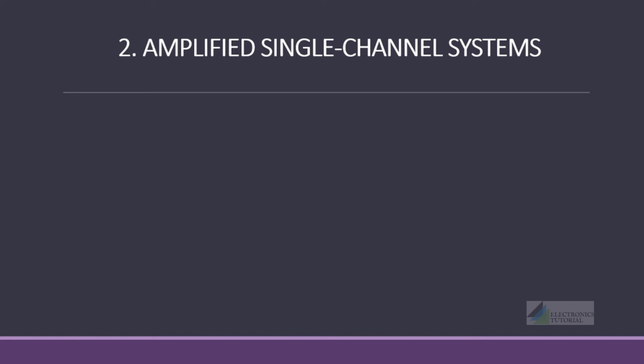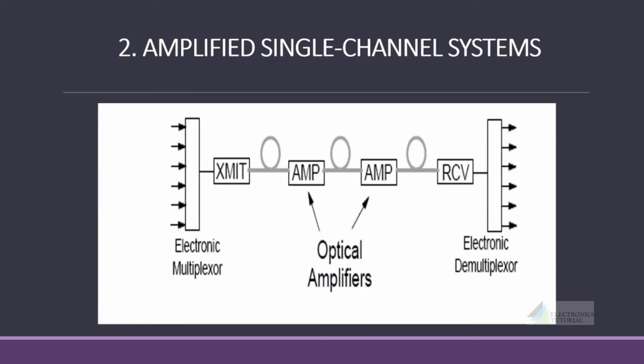Another type of system is amplified single channel systems. The block diagram is exactly the same. The input data of different users are multiplexed together and it is transmitted through optical fiber cable, and the receiver will be collecting the signal and it will be demultiplexed here to separate individual data.